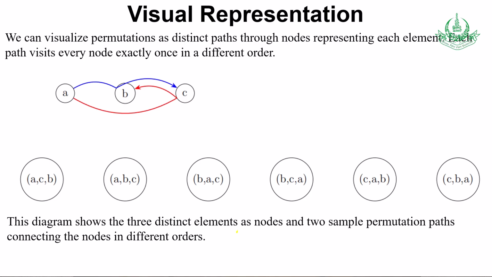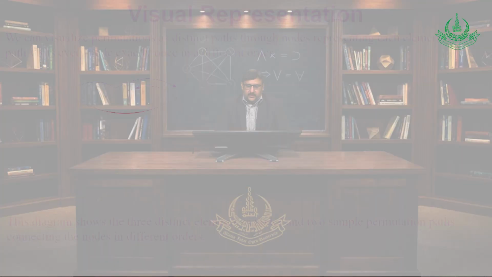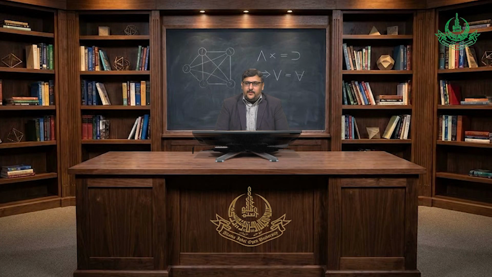Now you can see the graph. We have 3 elements A, B and C. Now we travel from A to B, then B to C, and similarly from C to B and then C to A. So we can have the permutations, that is the arrangements of the travel from one point to another, which can be ACB, which can be ABC.